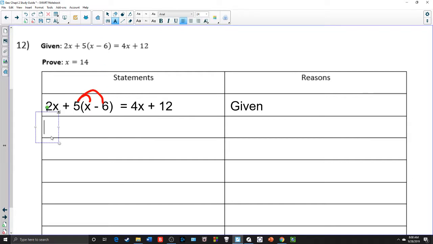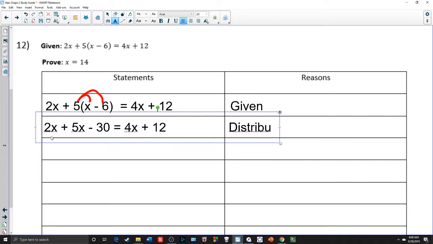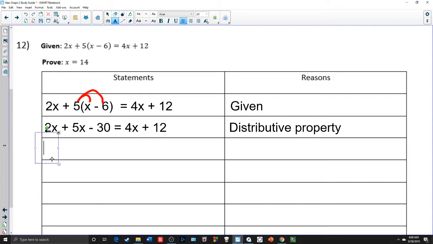So I'd say 2x plus 5x minus 30 is equal to 4x plus 12, and that is by distribution, or distributive property, if you want to call it that way. So now that we've distributed 5x, I would go ahead and combine my like terms.